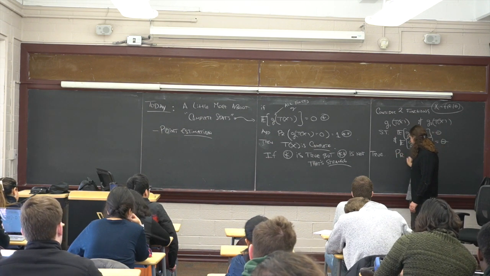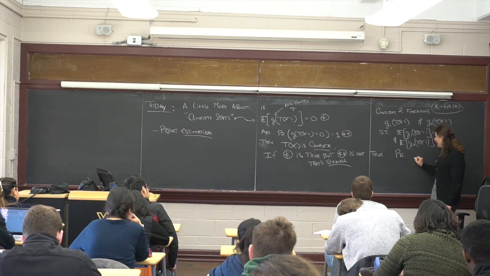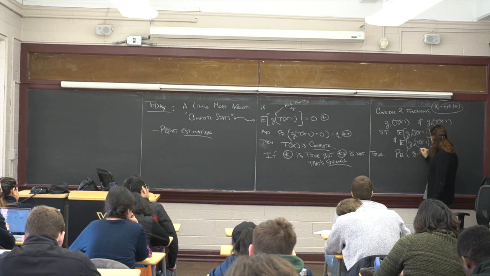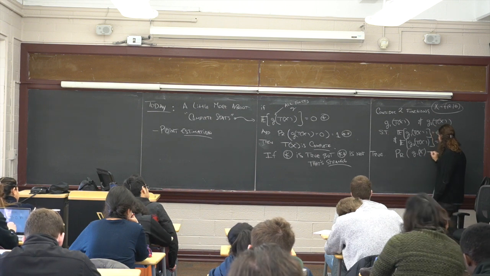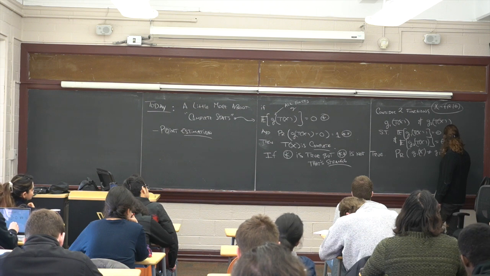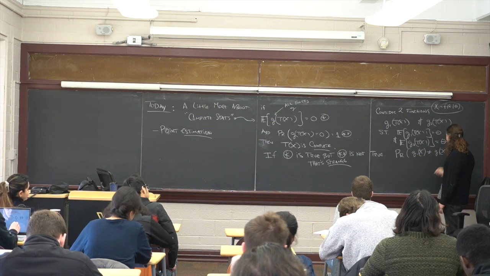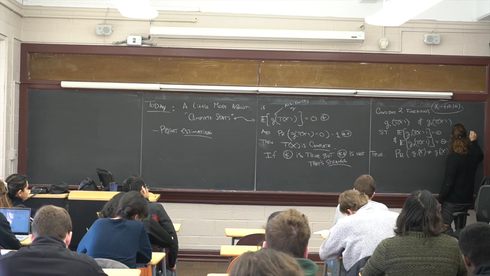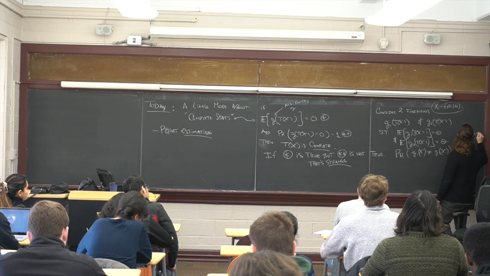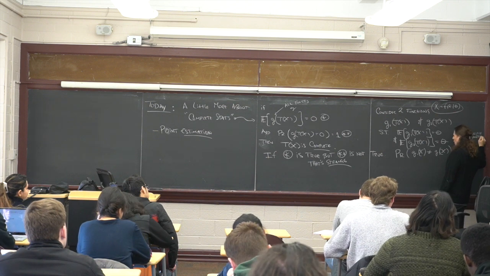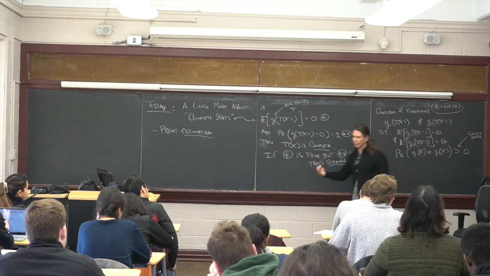Let's make our statement that these two functions are not the same. I'm going to say the probability of G1 x is not equal to G2 x is positive, strictly greater than 0. So this is a positive probability that they're different.